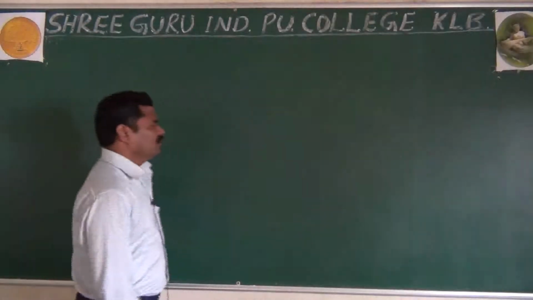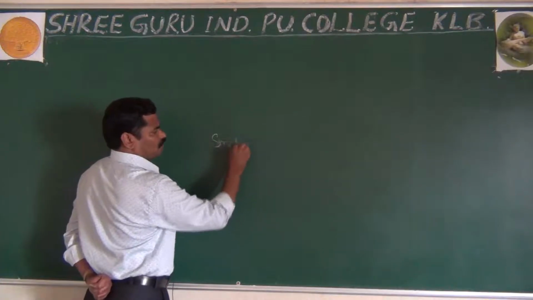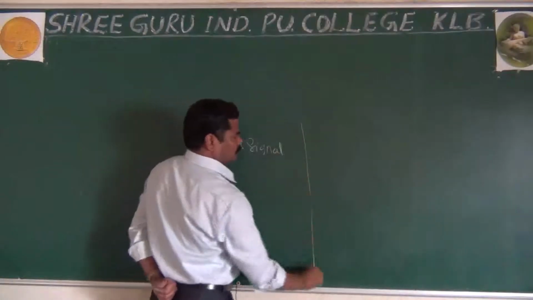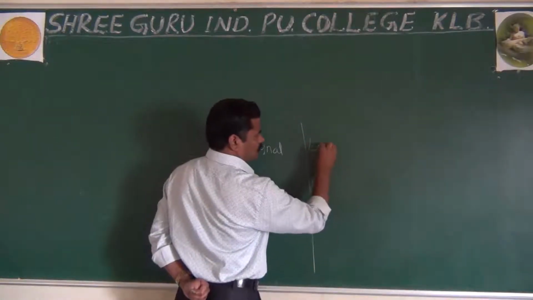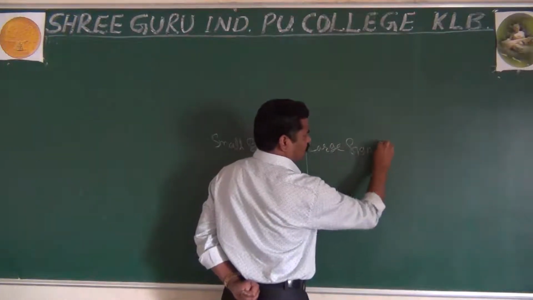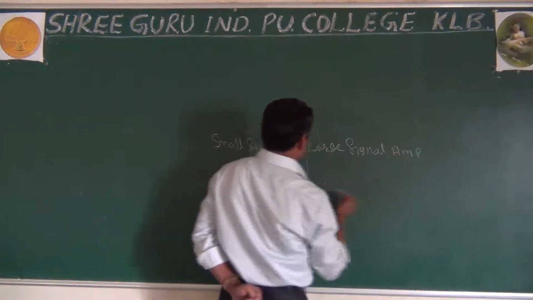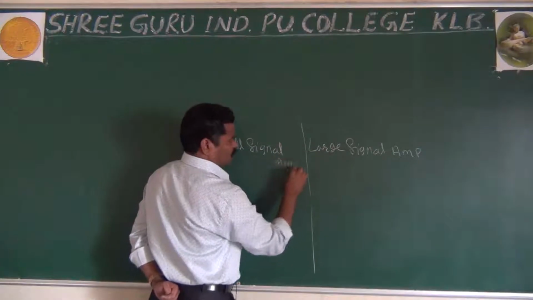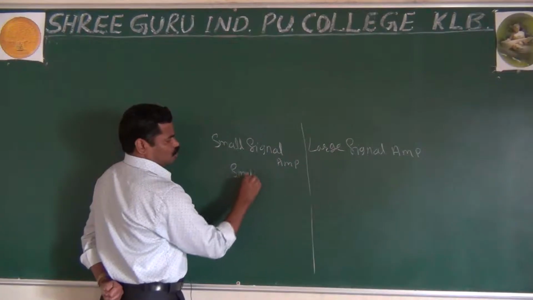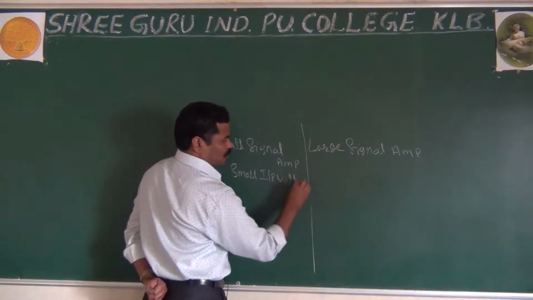And we go for the major difference between small signal amplifier and large signal amplifier. As we know, the first important thing is that in the small signal amplifier you apply a very small input voltage.